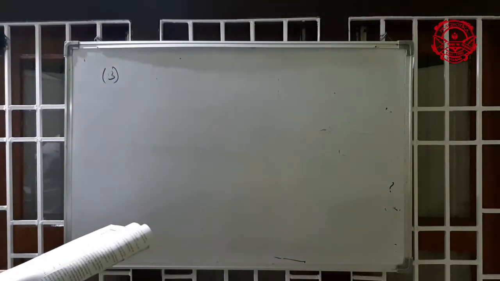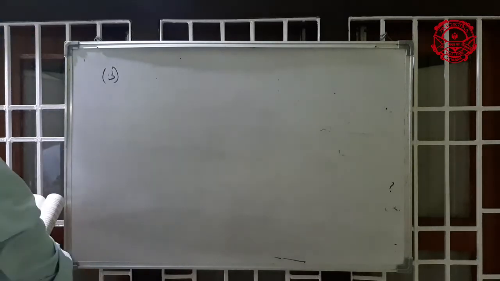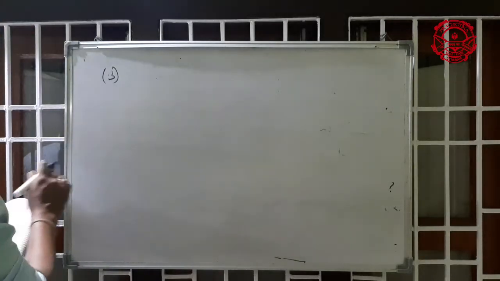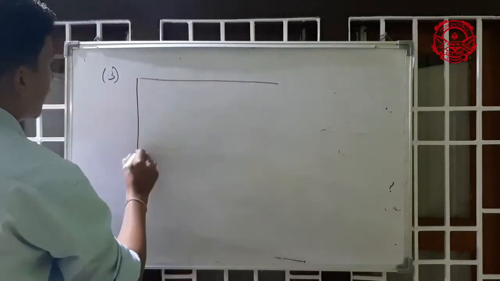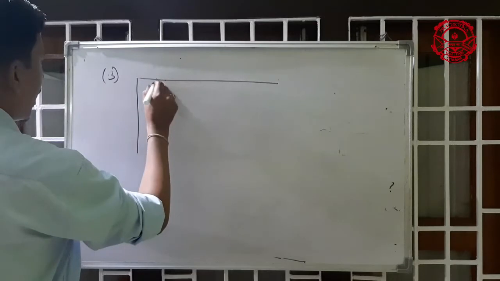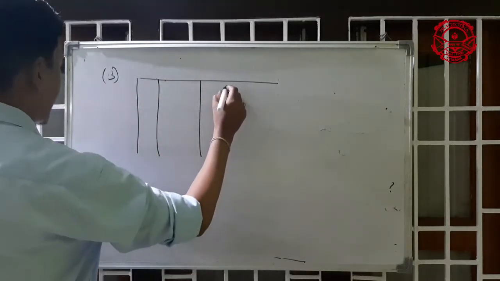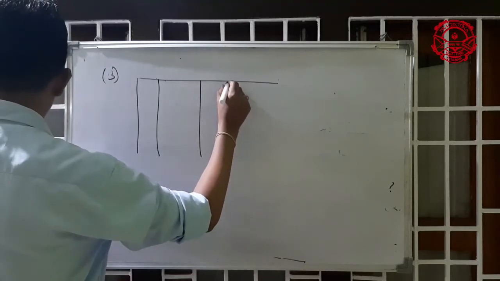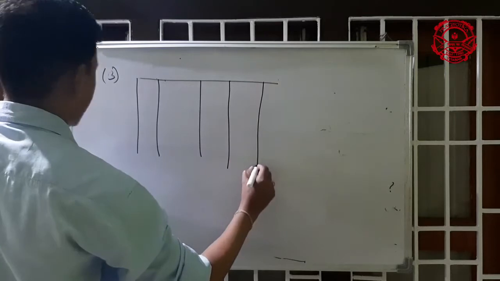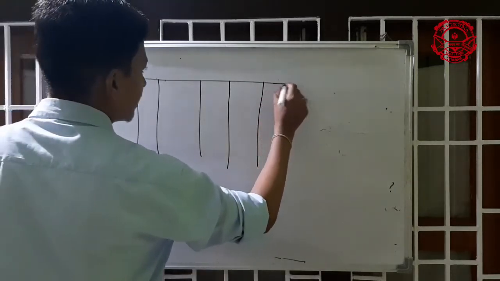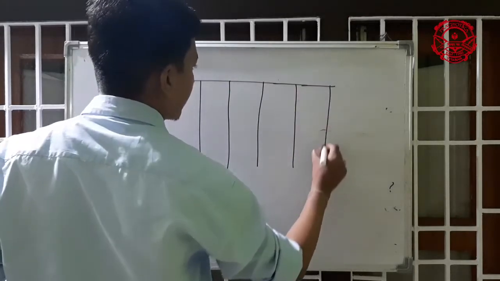The table has 6 fields, so I have to draw these fields. ID first, then name, English, analytical skills, general knowledge, and the last one is total.